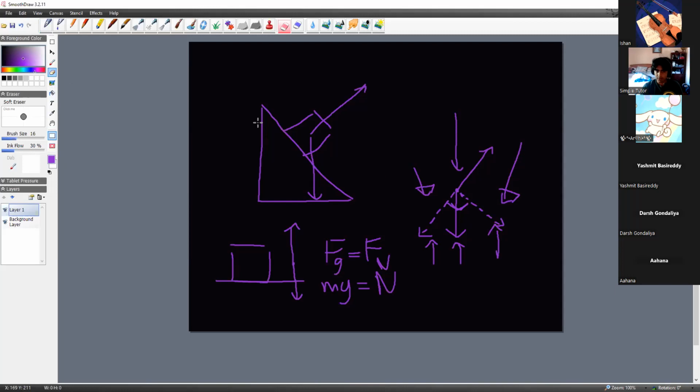Now I'm going to give you a slightly different scenario, and I want someone to tell me how you would break these up into components. Let's see. We'll have a plane in the opposite direction.